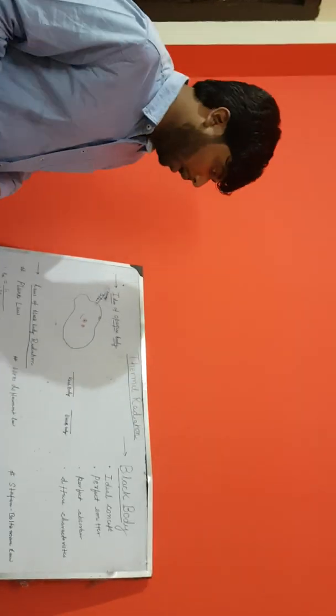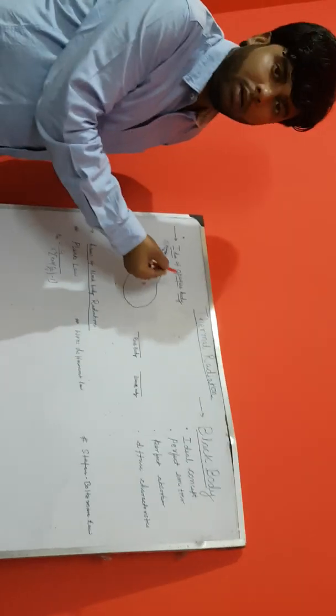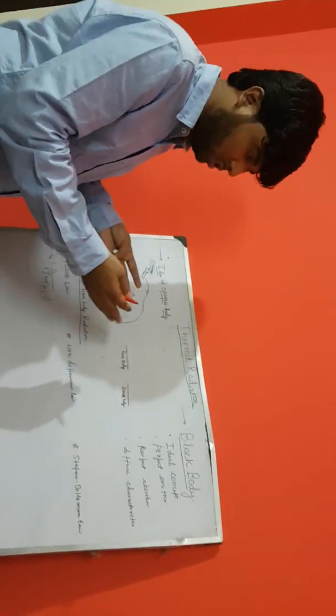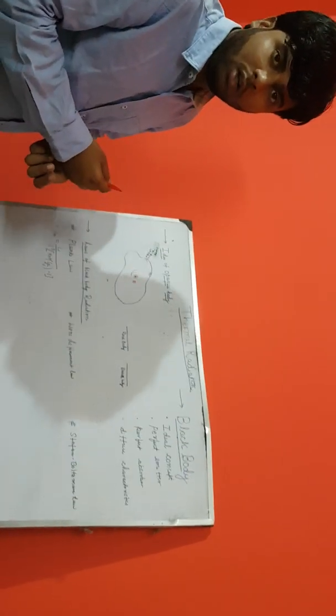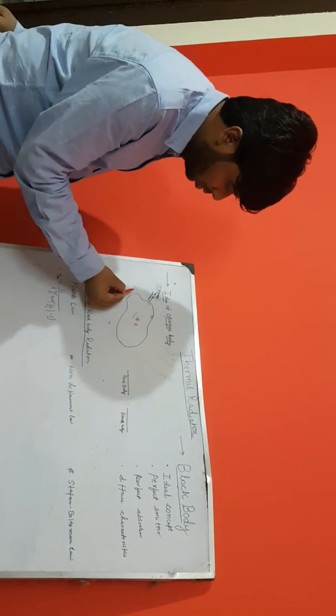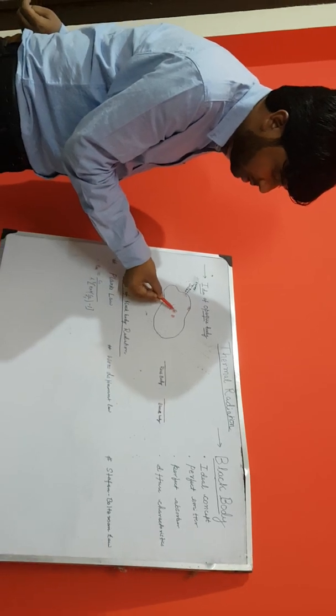Now I would like to come to the idea of an opaque body before coming to the black body. I have written this already because only a short time is given to me for this lecture. First of all, what is an opaque body? Suppose this is the surface, and in this you can see a black dot.